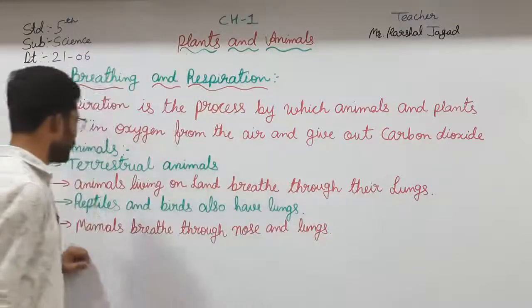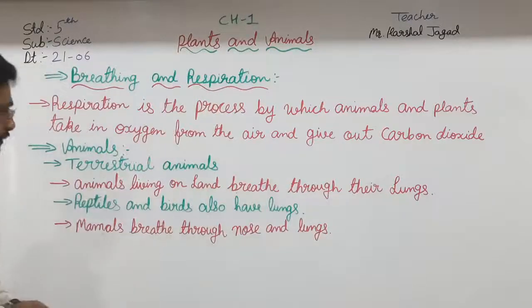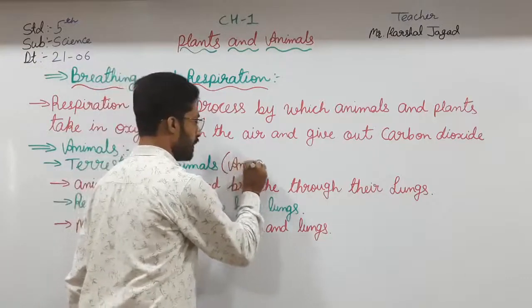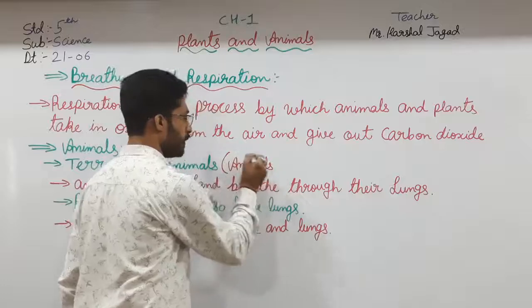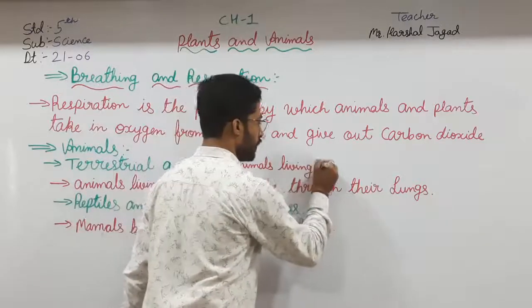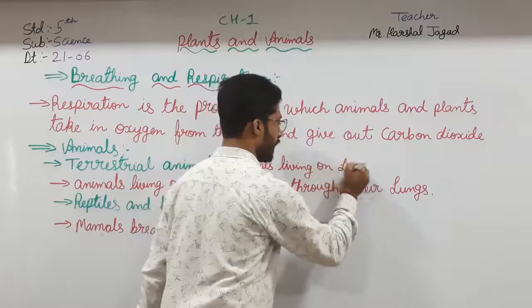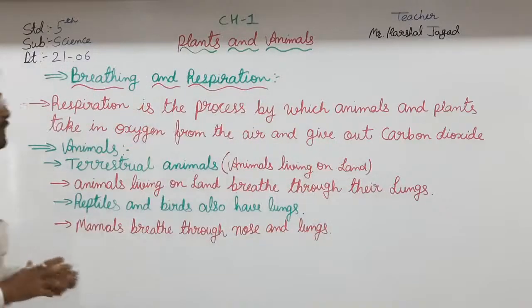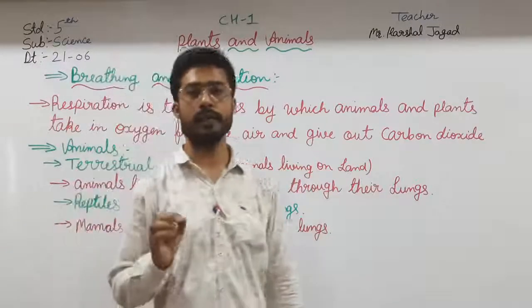The first type is terrestrial animals, the animals living on land. Terrestrial animals means animals that live on the land.